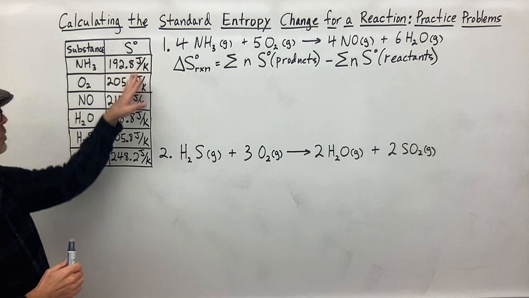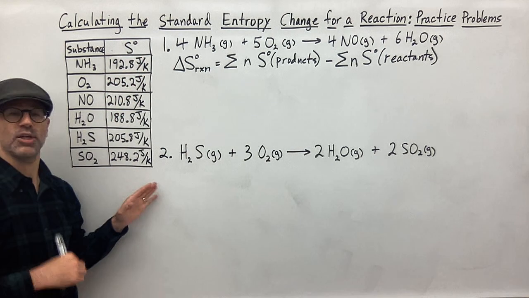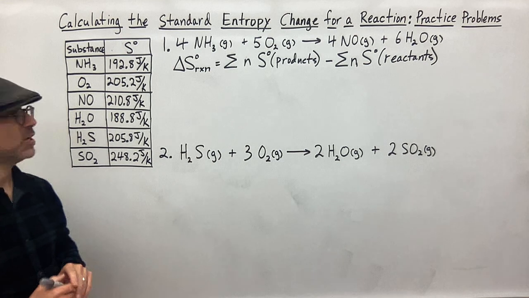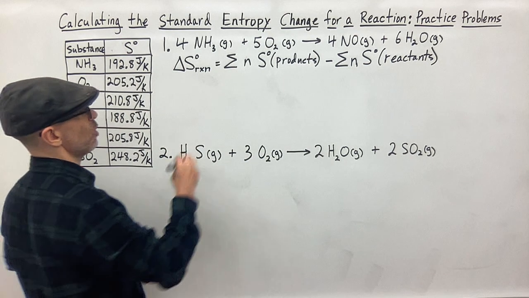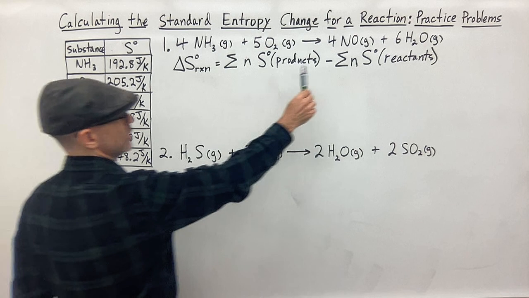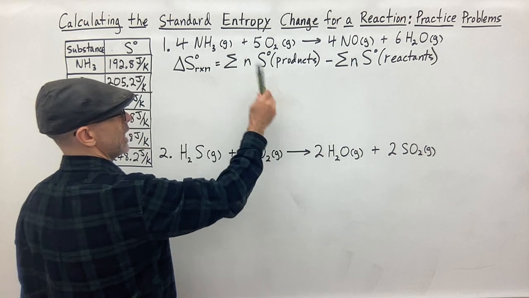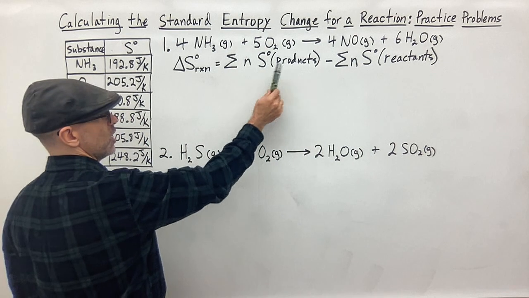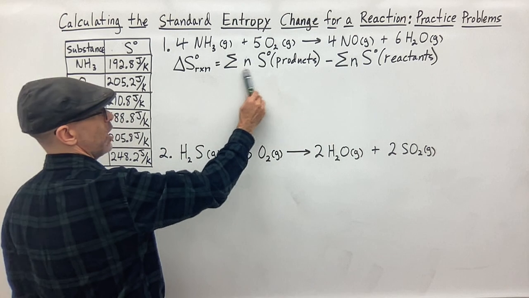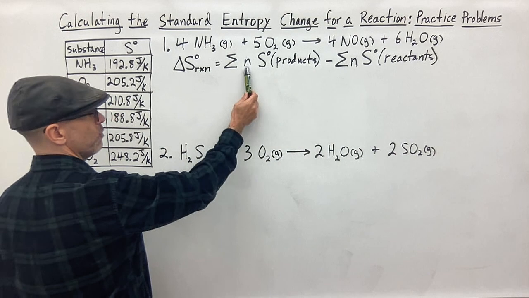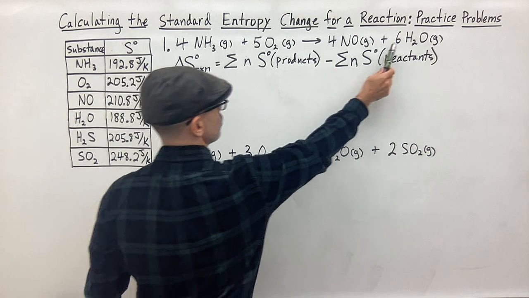These are the entropies that you would look up on a table, so we're going to use those. Here's the equation we're going to use. All we're going to do is look at the products, take the standard entropy of each product, and multiply by its respective coefficient, the number of moles.